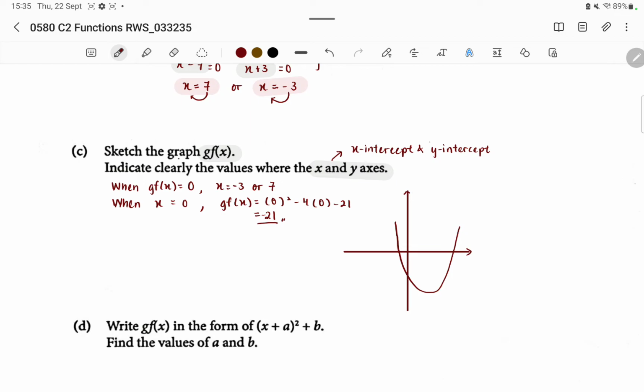Okay, so this one negative 3, this one you put 7. This one is x, g(x), and then negative 21.